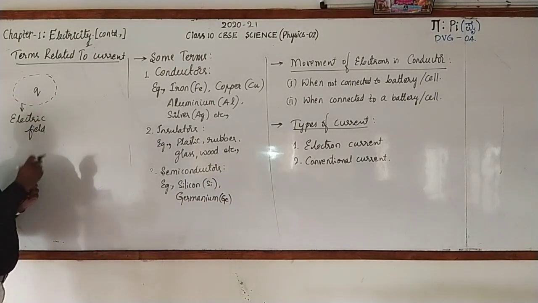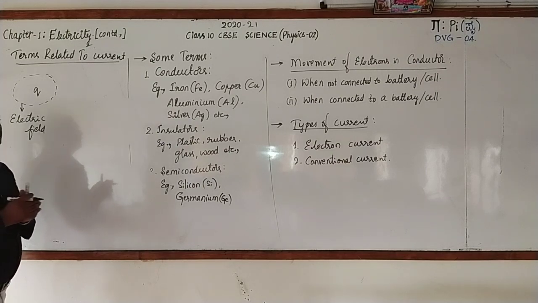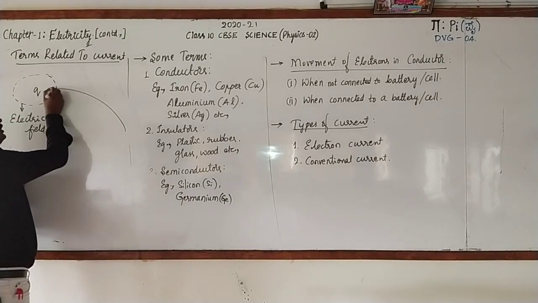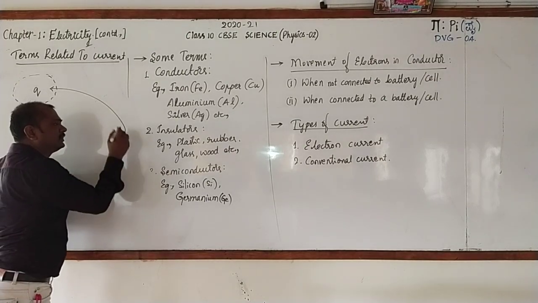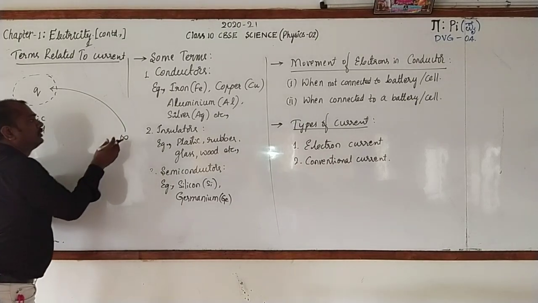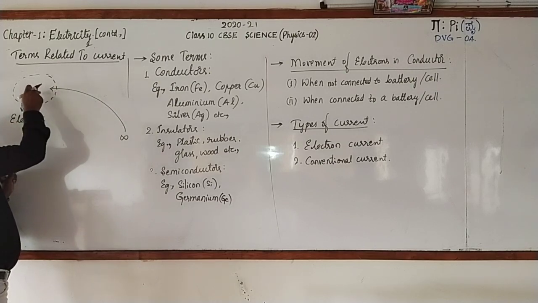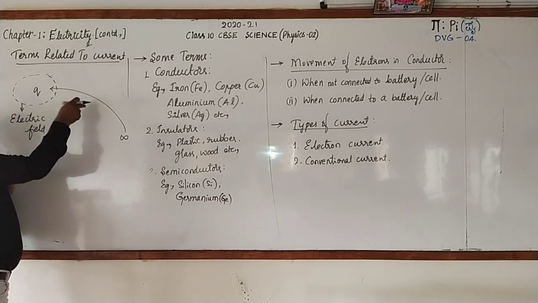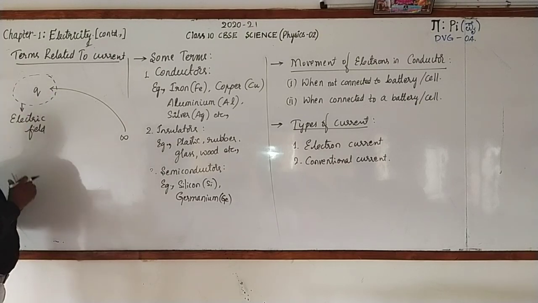To displace this, energy is required, is it not? So some amount of work has to be done. How? We have to bring another charged particle nearby this charged particle. Where is that charged particle to be brought from? It is somewhere else. I call that infinity. So the work has to be done to bring a charged particle nearby another charged particle to displace it, and whatever the amount of work has been done is called the electric potential of this charge.